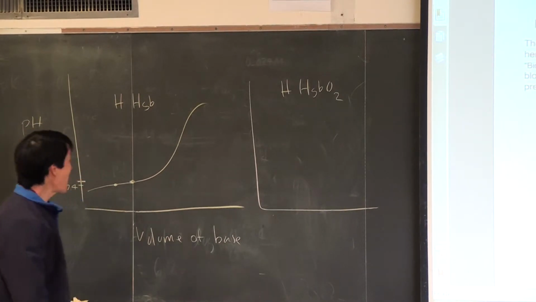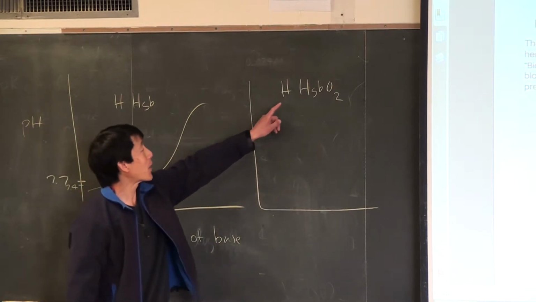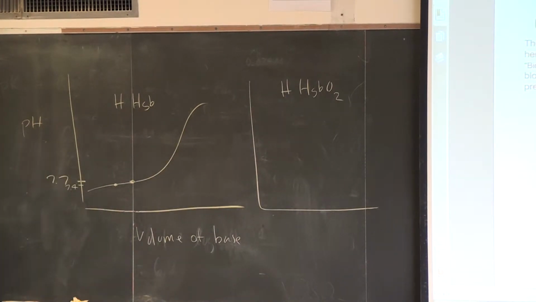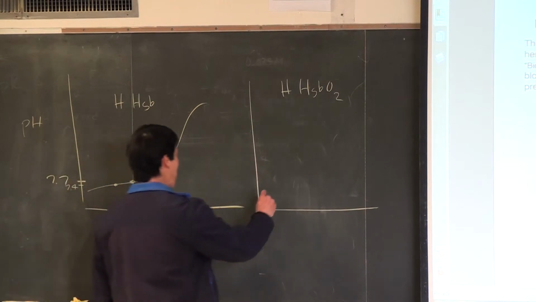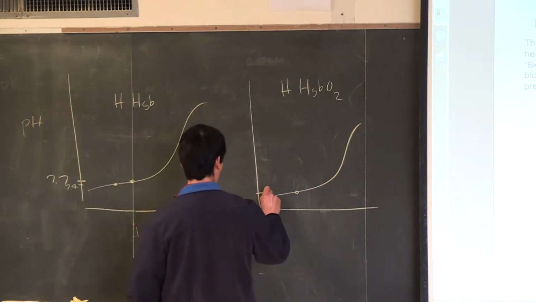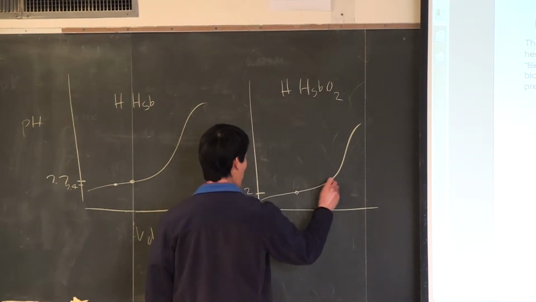In other words, how is the titration curve for this one going to differ from this one? Yes, the only difference is going to be the halfway point. So we'll draw another titration because the halfway point here is 6.2. Our pH of blood is 7.4.